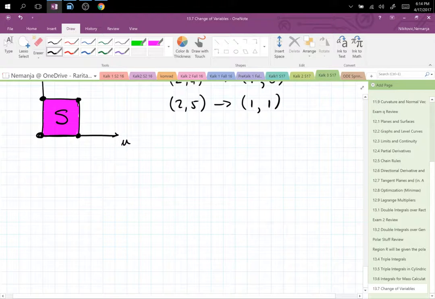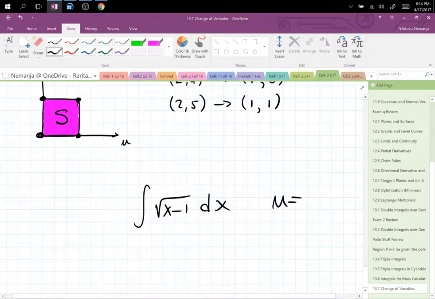Well, how did I get integral square root of x minus 1 dx, and why did I say x minus 1? It's called experience. Figuring something like this out is a lot of trial and error.